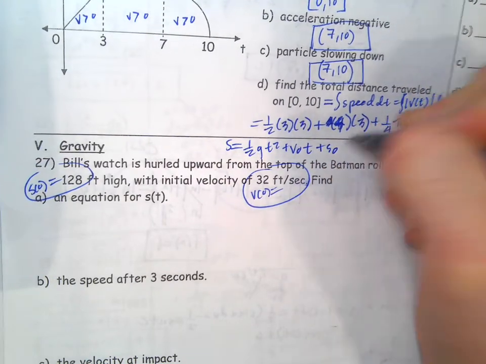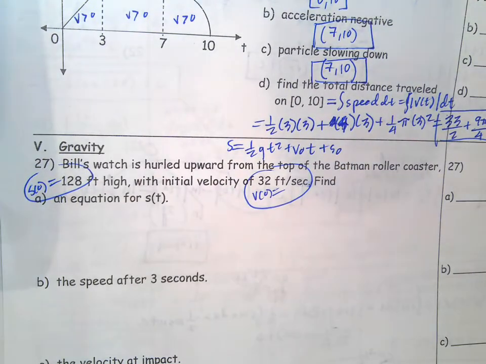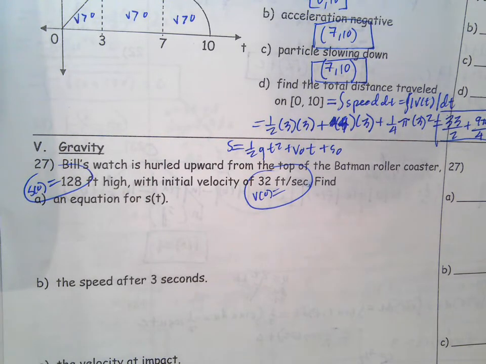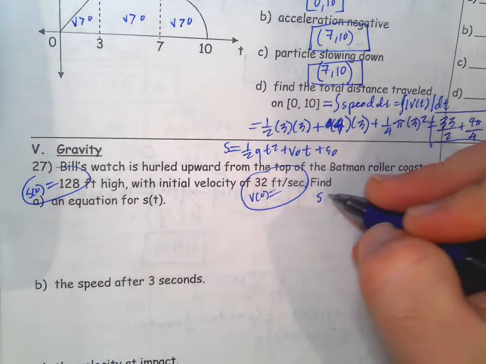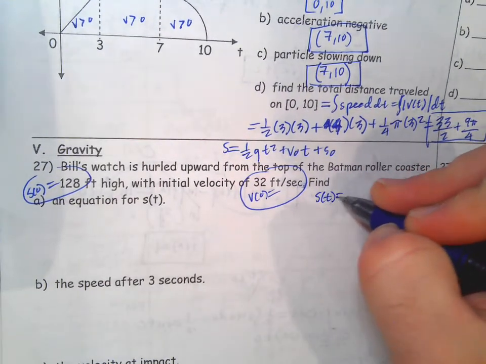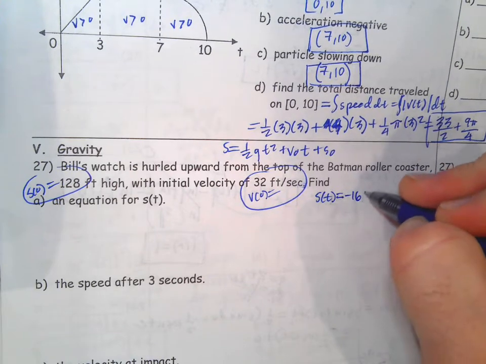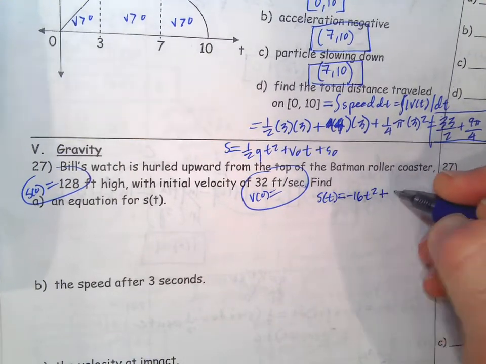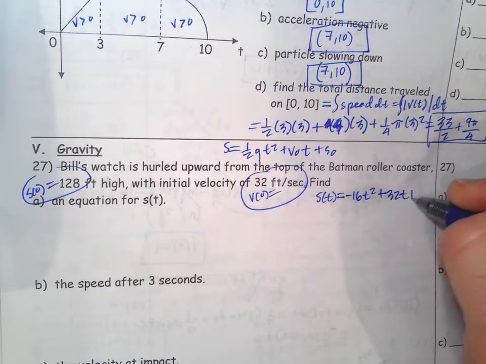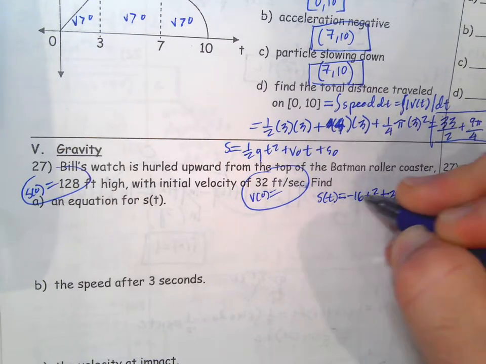You guys should be able to rederive that if you had to, but it would just take a bit of time. So I might go ahead and just memorize it. Now, for our problem, we're going to use g as negative 32, so we get negative 16 t squared plus 32t plus 128. So that's our position equation.